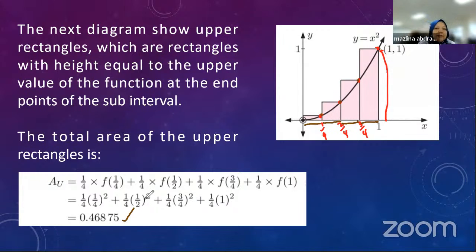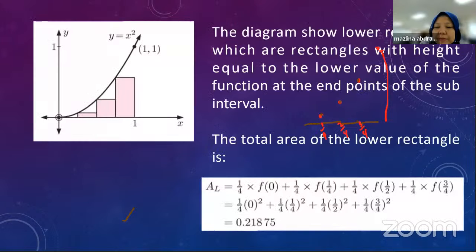Okay, alright. But actually class, if you think about the actual area, it will be a bit different, right? Because like this, we don't consider the extra part. If we compare with the previous one, we miss this area.